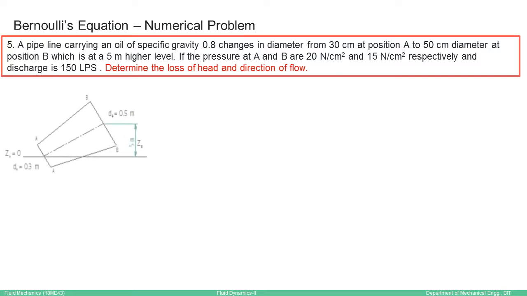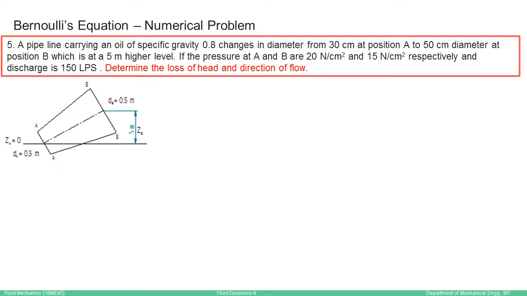So let us formulate this problem. B is at a higher altitude than A, so it is at a height difference of 5 meters. If we take reference section as AA, the center of AA, then you can say ZA is 0 and ZB is 5 meter. From the formulation it is clear.